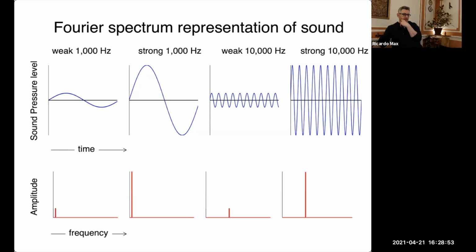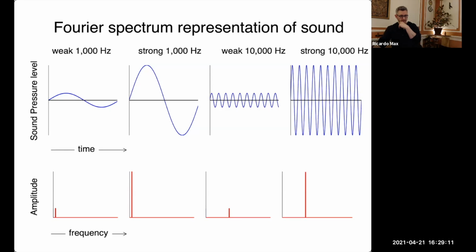So in the Fourier representation, here you have frequency. These two are the same, 1,000 hertz. It will be here, right? This is 10,000, it will be here.